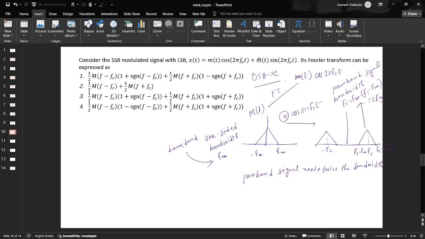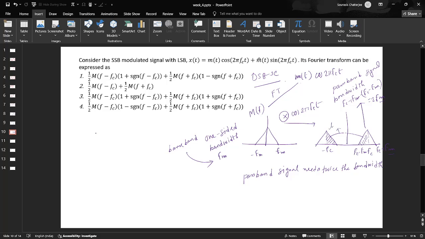So what I mean by that: these two parts here correspond to the lower sideband, or LSB. Why so? Because its values are lower than the carrier frequency fc. It lies between fc and fc minus fm.